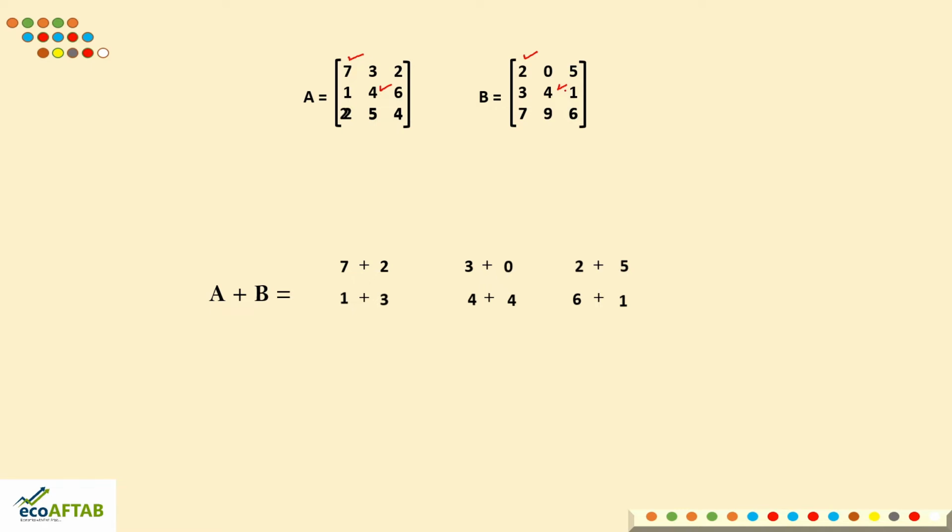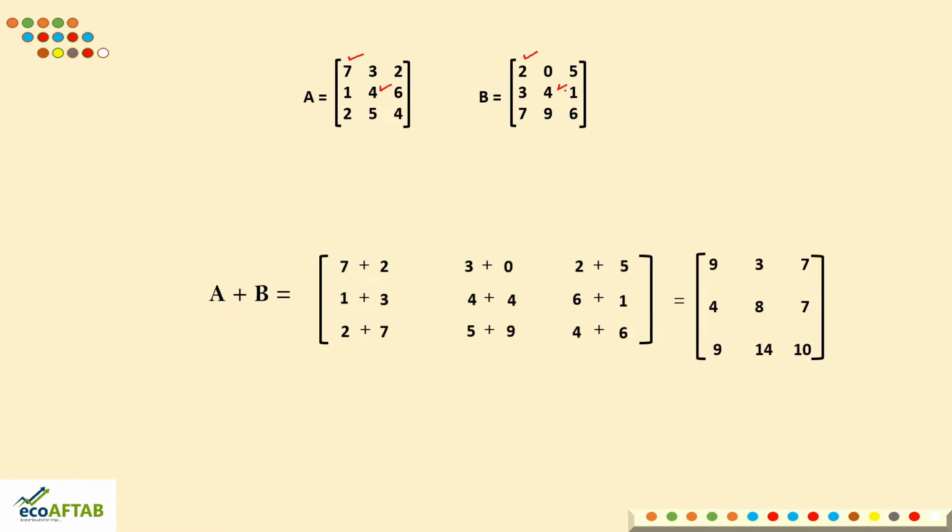Coming to the third row, 2 plus 7, 5 plus 9, and lastly 4 plus 6. So this is the new matrix that we have got. We just have to add up the numbers. 7 plus 2 is 9, 3 plus 0 is 3, 2 plus 5 is 7. So we get 9, 3, 7, 4, 8, 7, 9, 14, 10. This is the result we have got for A plus B.